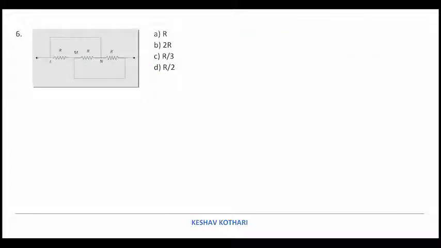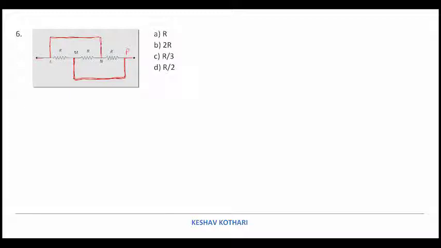Now this is a very interesting circuit. Over here it must be noted that these points which are connected together are equipotential in nature. So I can say that L and N have the same potential, and if I call this P, so M and P have the same potential.